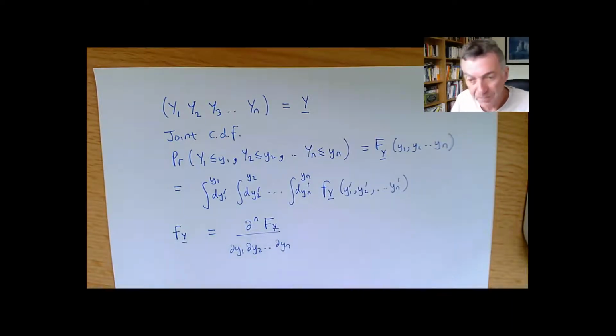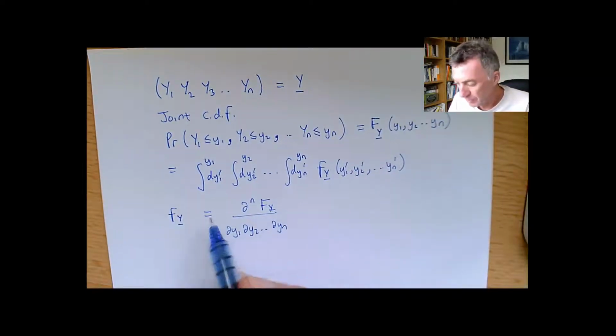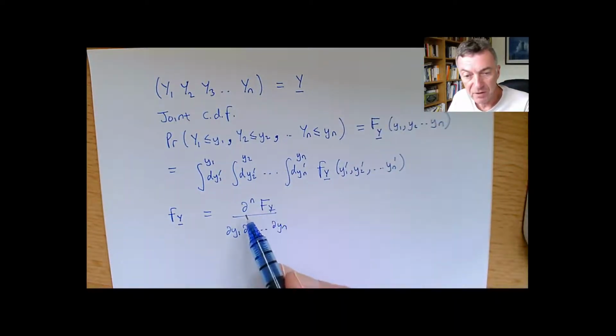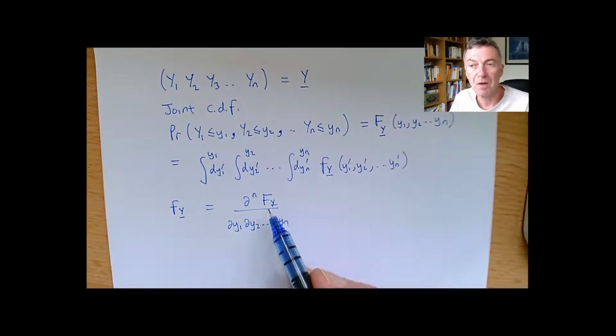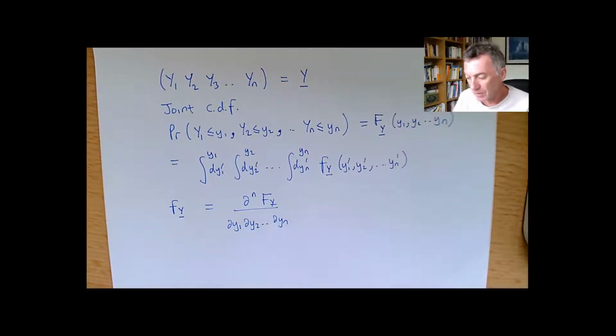So the joint density is the nth derivative of the joint CDF. So that's the basic how you extend distributions to more than one variable, multiple variables, n variables. That's a joint distribution. So now let's look at some special cases.